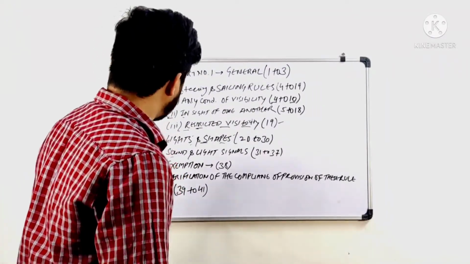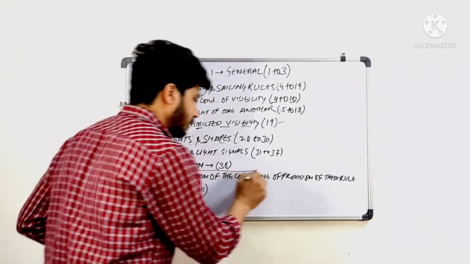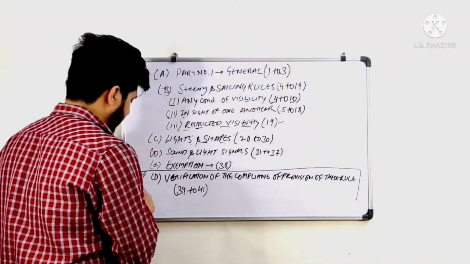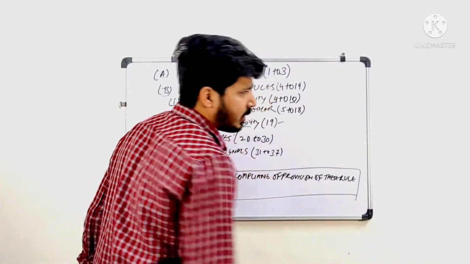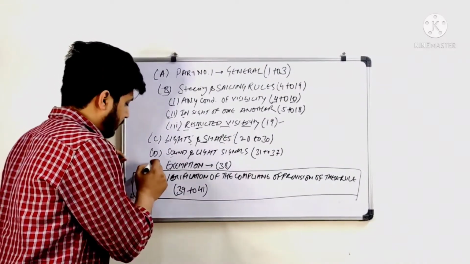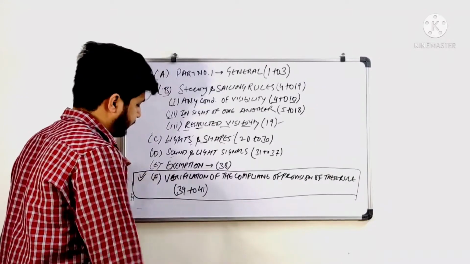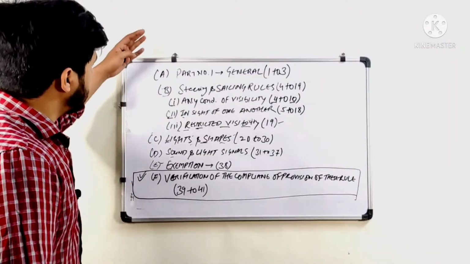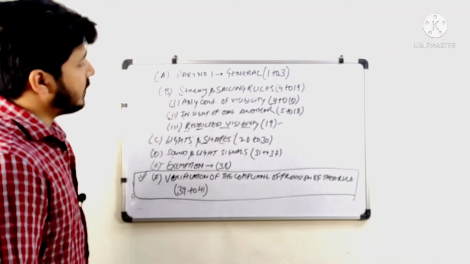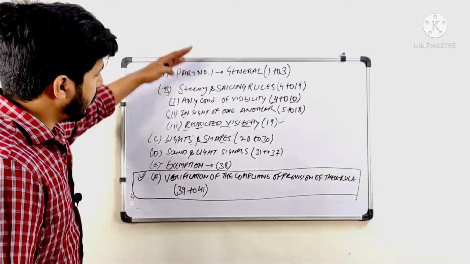This is the latest amendment which has come to these rules. I think it came in 2014. I'm not very sure about the year, but this is the latest amendment which has come into force in these rules. Before that we had only up to part E, but now we have F also. These are the 6 parts into which the rules have been divided, from rule number 1 to 41. It is all given here.